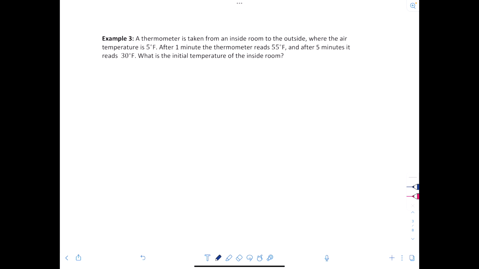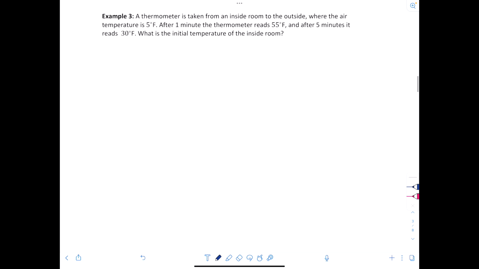Newton's law of cooling in general, if you look back at section 1.3, you might want to have those notes with you, goes something like this. The derivative with respect to time of our temperature is equal to some constant K times the temperature T minus the ambient temperature.